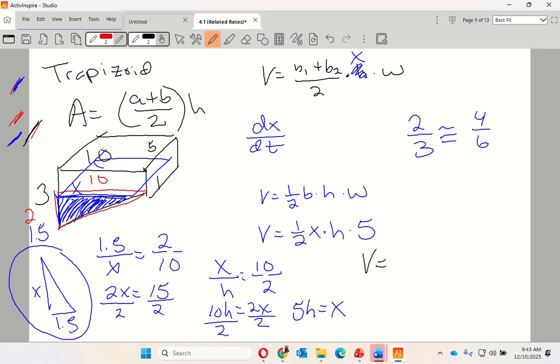Volume is equal to 1/2 times 5h times h times 5. Would that be 5h squared? Yes, it will.